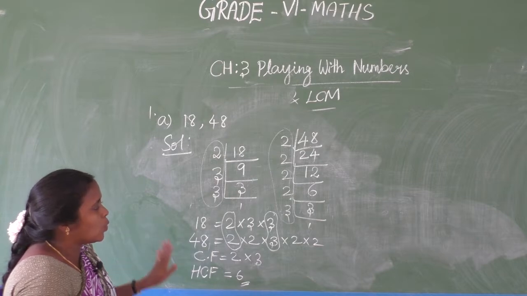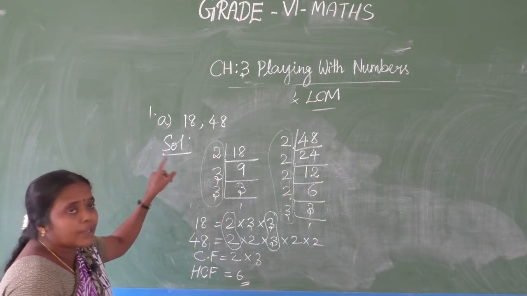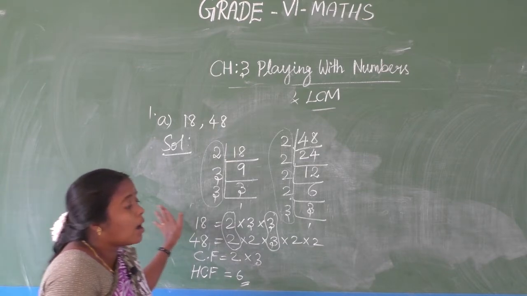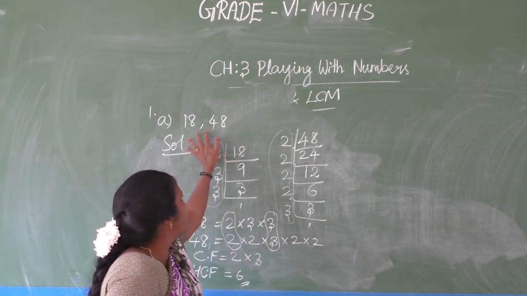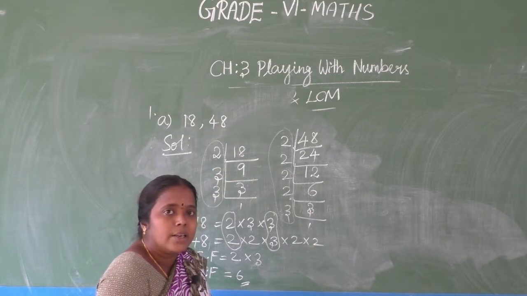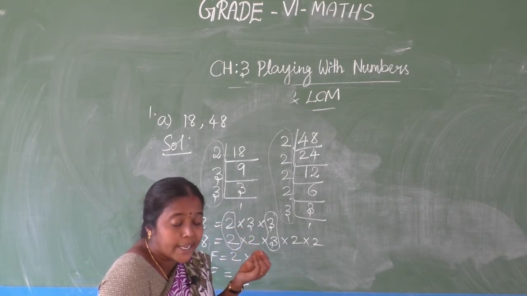Understood, children? See what I did there? Previously I have done this sum in 2 methods. In the previous method, I wrote all the factors of the given numbers, then selected the common factors, and finally picked up the greatest common factor, that means the highest common factor.